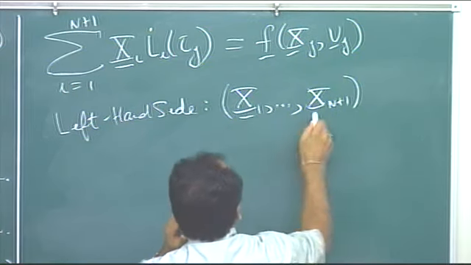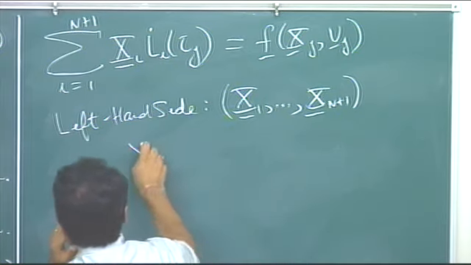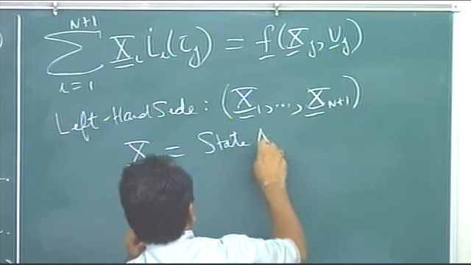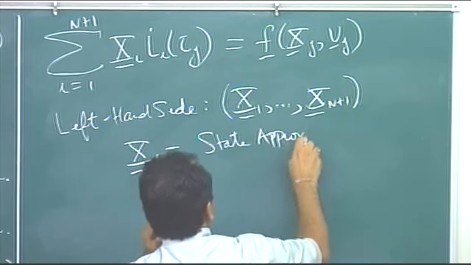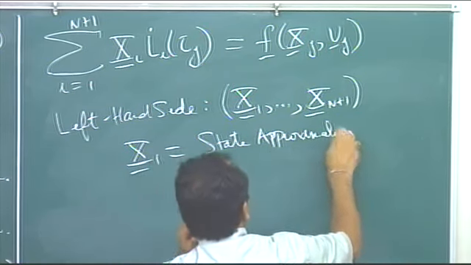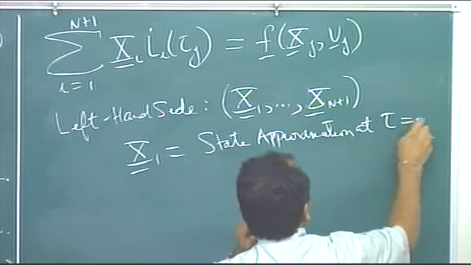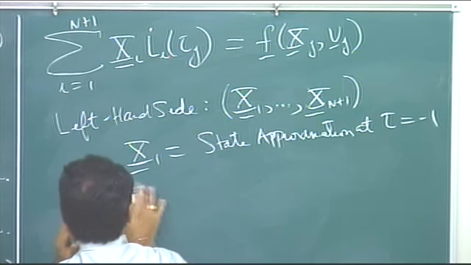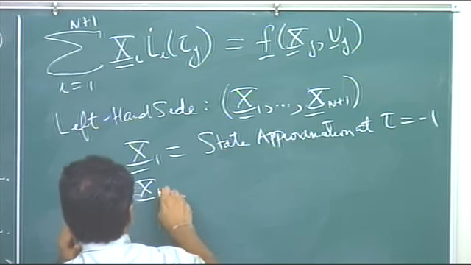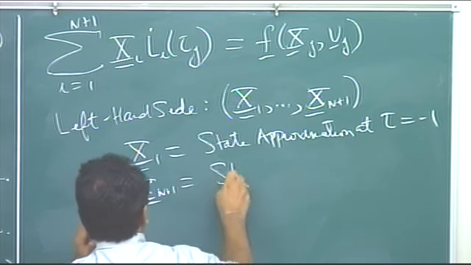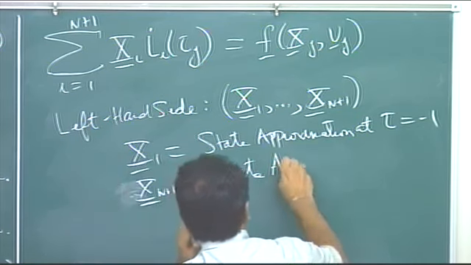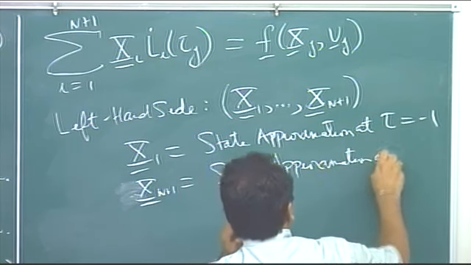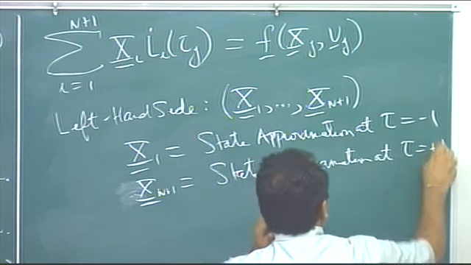Now, if you look at that, we know that x1 is equal to the state approximation at tau equals minus 1, and xn plus 1 is equal to the state approximation at tau equals plus 1.